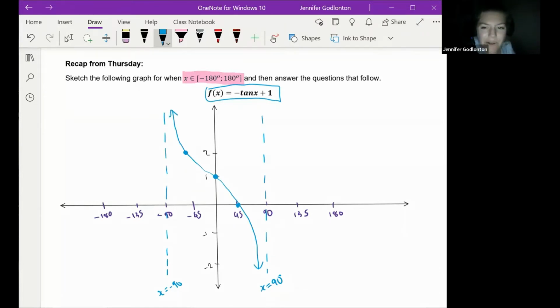Is this looking like what you drew? Does it look familiar? Did you put in negative tan or did you put in positive tan?